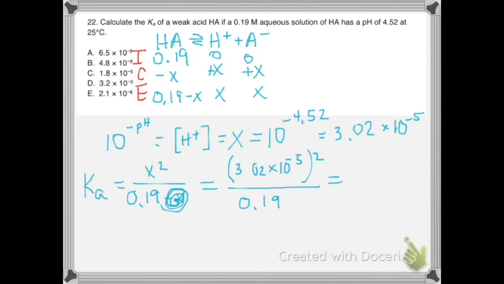And drum roll, we get 4.8 times 10 to the negative 9. B. Okay. Almost there.